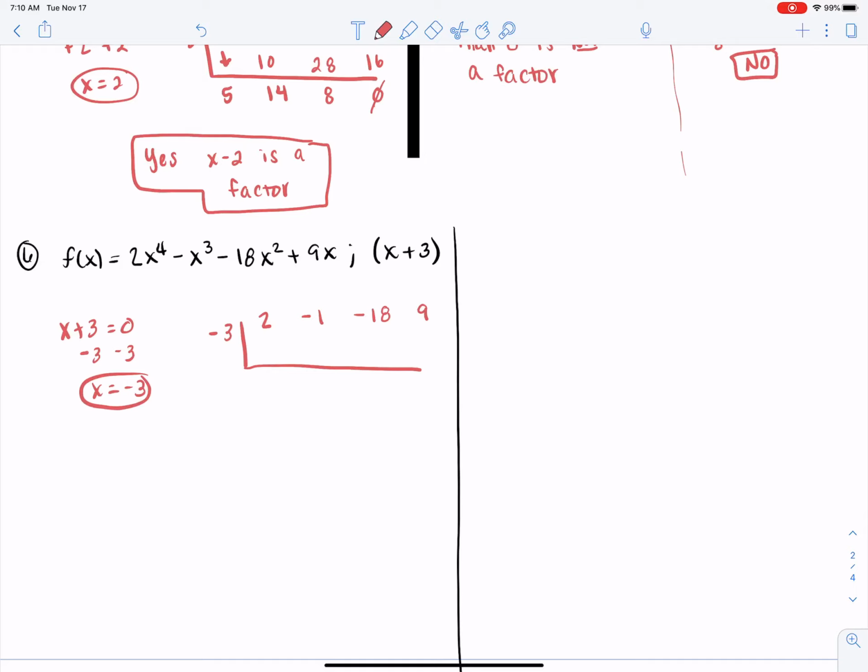Okay? So carry the 2. Negative 3 times 2 is negative 6. Negative 1 plus negative 6 is negative 7. Negative 7 times negative 3 is positive 21. Negative 18 plus 21 is 3. 3 times negative 3 is negative 9. 9 and negative 9 is 0. There is no remainder. So yes, x plus 3 is a factor.